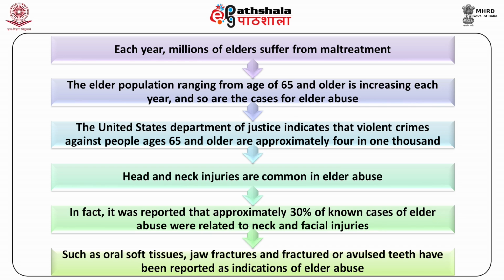The United States Department of Justice indicates that violent crimes against people aged 65 and older are approximately 4 in 1000. Head and neck injuries are common in elder abuse. In fact, it was reported that approximately 30% of known cases of elder abuse were related to neck and facial injuries such as oral soft tissue injuries, jaw fractures and fractured or avulsed teeth, which have been reported as indications of elder abuse.